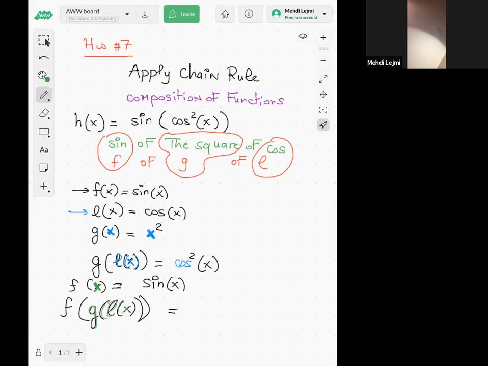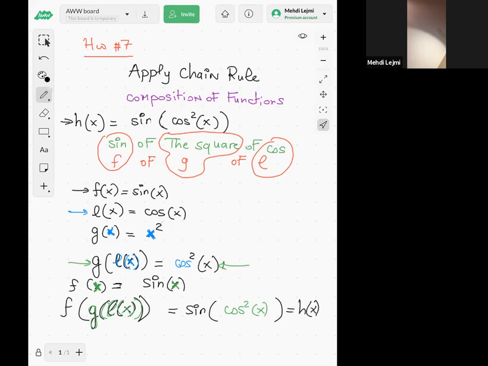That will be sine of, and g of L of x is exactly the cosine squared of x. So when I compose f with g with L, I get exactly my function h of x.